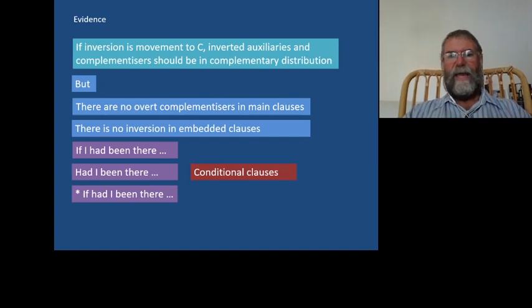You can't say if had I been there, or even had if I been there. Okay, so the evidence is that the two are in complementary distribution, and the complementary distribution here can only be explained by the assumption that they are occupying the same position. Therefore, we've got direct evidence here that inversion is movement to the C position.